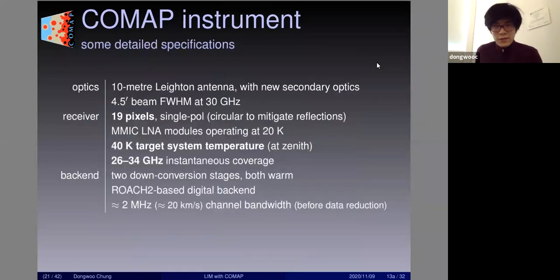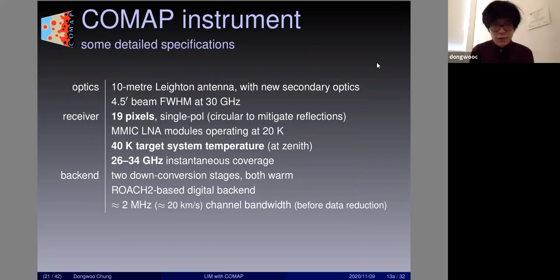Just going to flash some specifications up here. The design is very old, but the antenna itself was operating before COMAP, was operating as recently as Karma before it was decommissioned. We have some alterations to the optics. The receiver is completely new. It's not a Karma receiver.